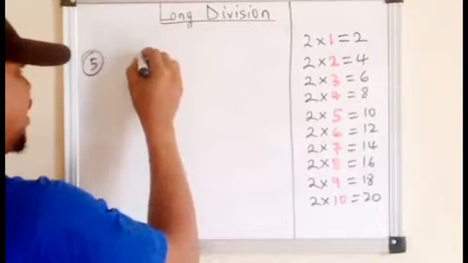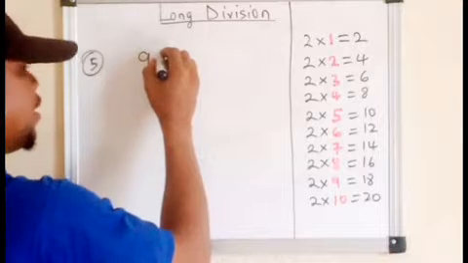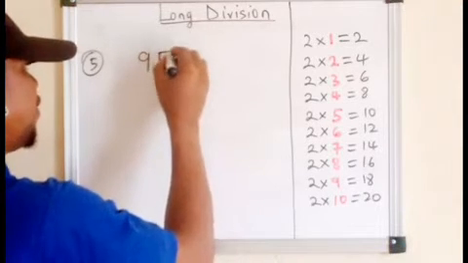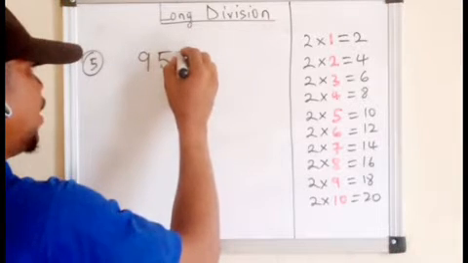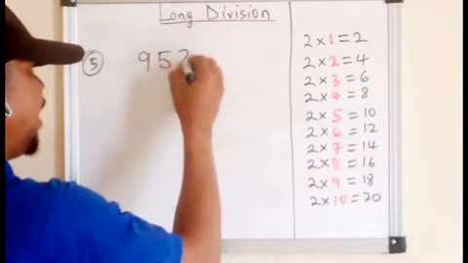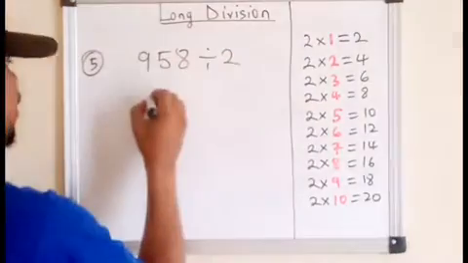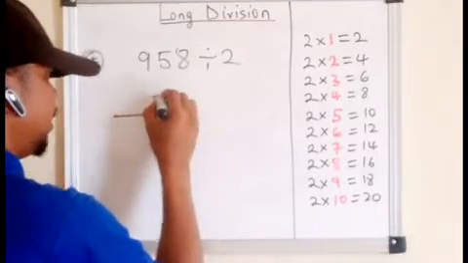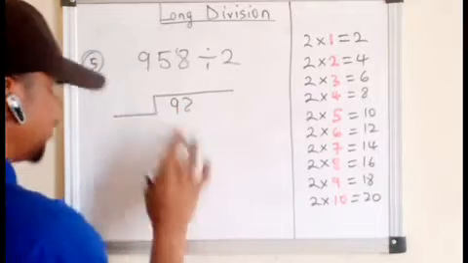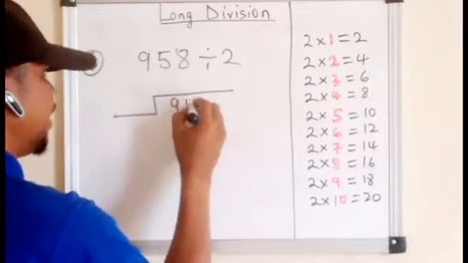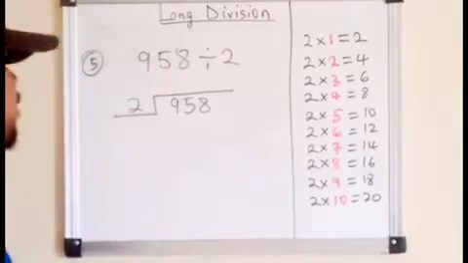Let's say 958 divided by 2. So we draw our division symbol, put the main number inside and put the number dividing outside.